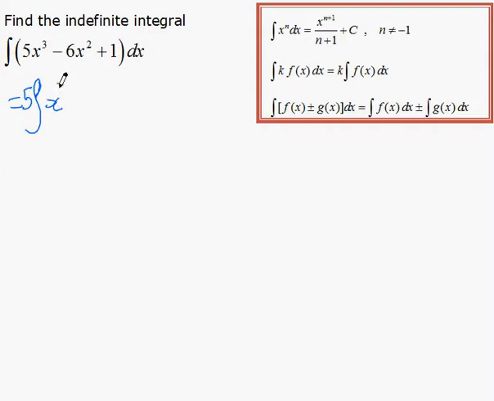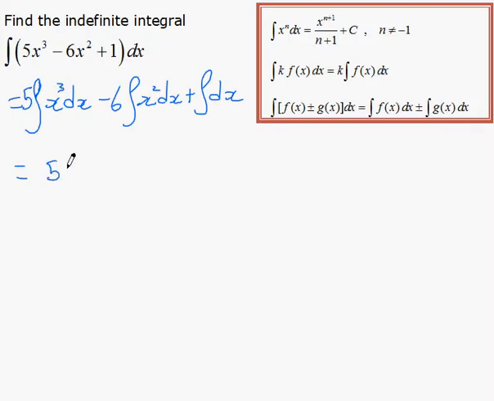Remove the constant. We notice there's brackets around this because the dx goes with each term when we separate it. Minus 6x squared dx plus 1 we don't need to write, so we just write the integral of dx.